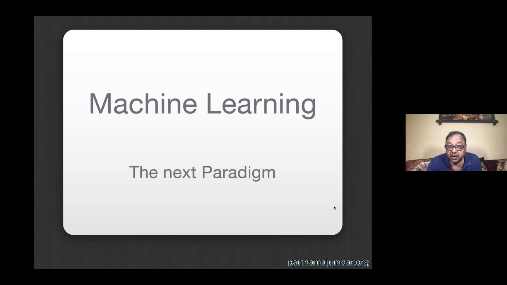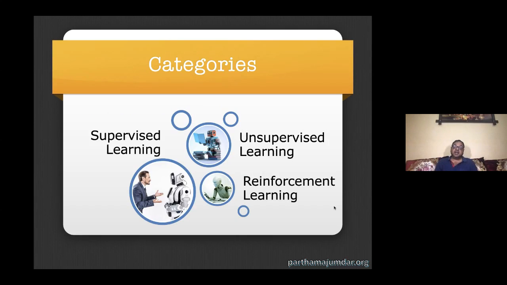Okay. Now, in machine learning there are typically three types. The first type we know as supervised learning. We discussed one example, spam. In supervised learning, we take the data and give knowledge about the data to the computer.